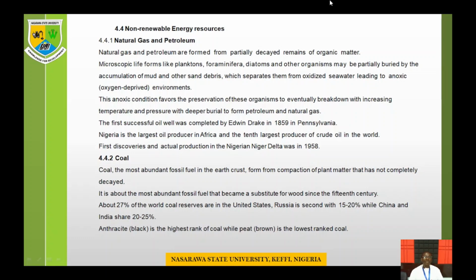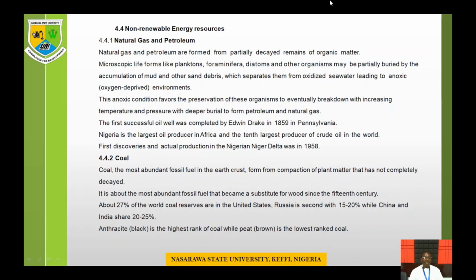The second example of non-renewable sources is coal. Coal, the most abundant fossil fuel in the earth's crust, formed from compaction of plant matter that has not completely decayed. It became a substitute for wood since the 15th century.